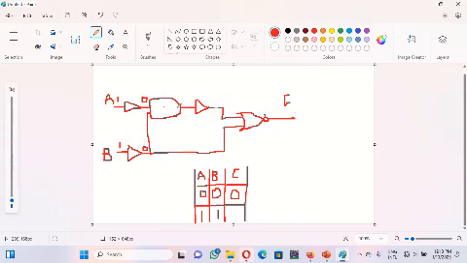Now the input of this AND gate is 0 0, and for every AND gate we should get two positive inputs to get a positive result. So in this case we have 0 0, and that will give us 0.